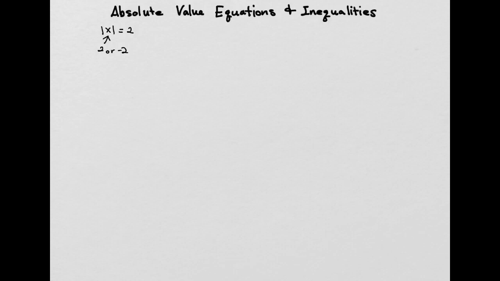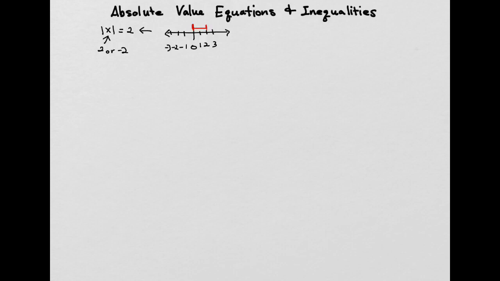So this is asking from 0 to what number your distance is 2. If we have a number line, this is 0. This is going to be 1, 2, 3. This is negative 1, negative 2, negative 3. Your distance from 0 to 2 is 2, from here to here.